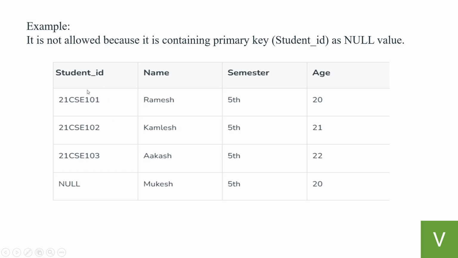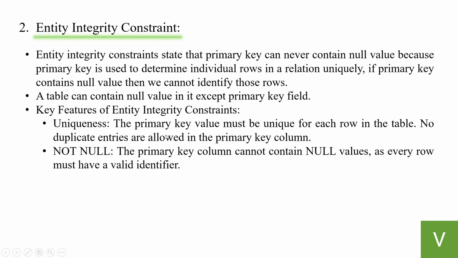We discussed 2 different characteristics of a primary key, which are it should be unique and it should not be null. So observe the 4th record of this table. It consists of null values. So this should not be accepted, because the null values cannot represent the entire row or a record. So this is about entity integrity constraints. Simply, it is a primary key, it should be unique and it should not be null.